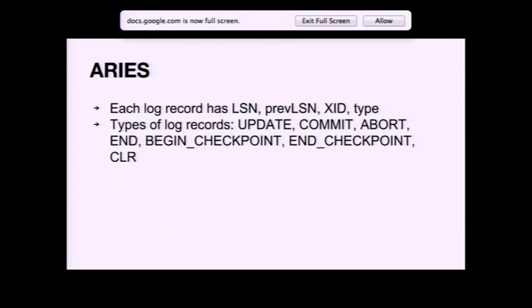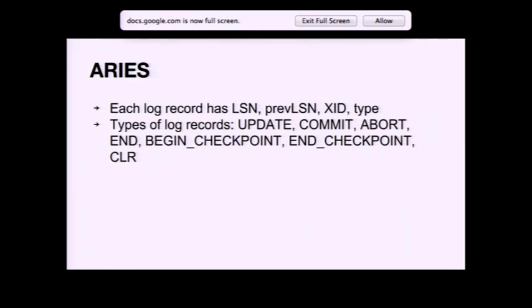Each log record has, at the minimum, 4 different fields. The LSN is kind of like an index in the log. It stands for log sequence number. The prev LSN is the previous LSN that a transaction had when it appears in the log.